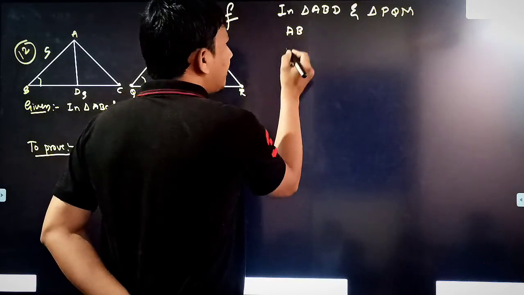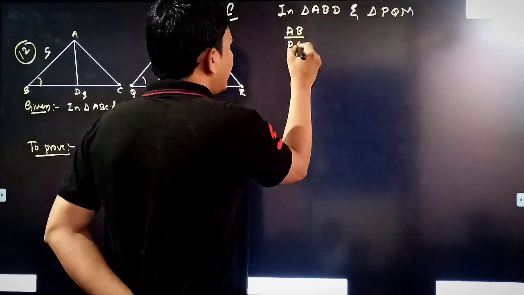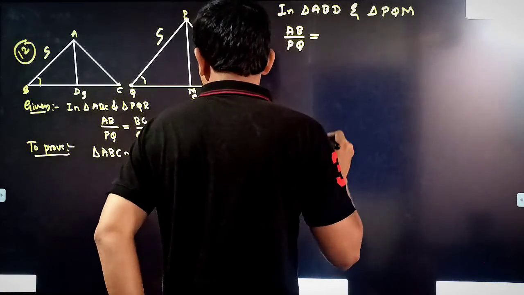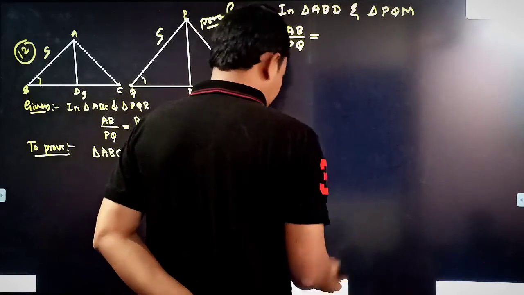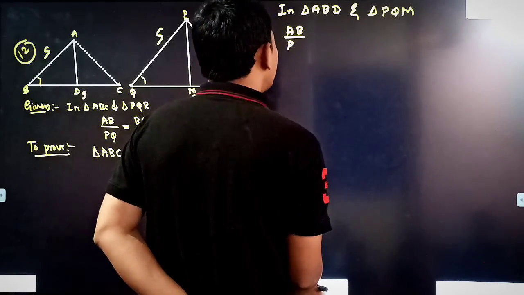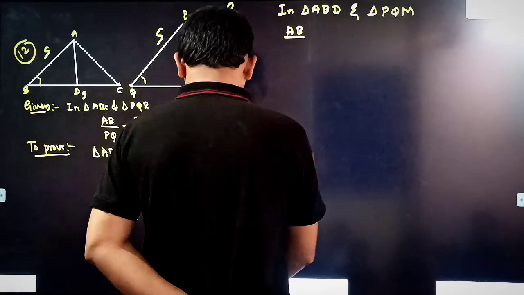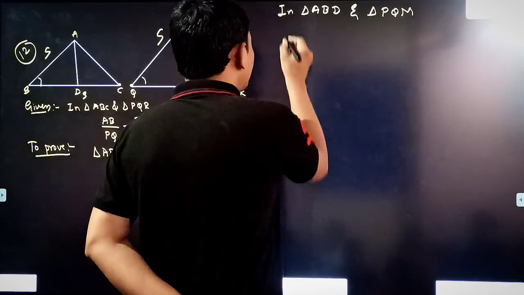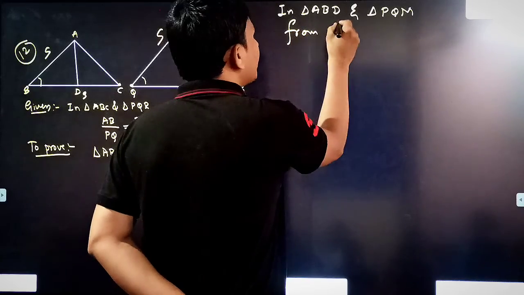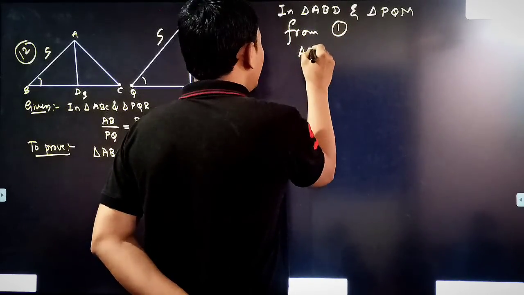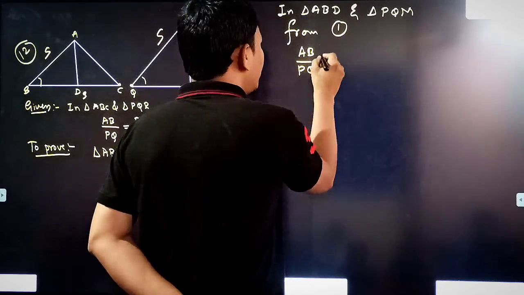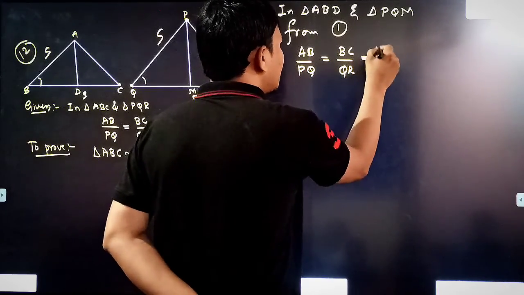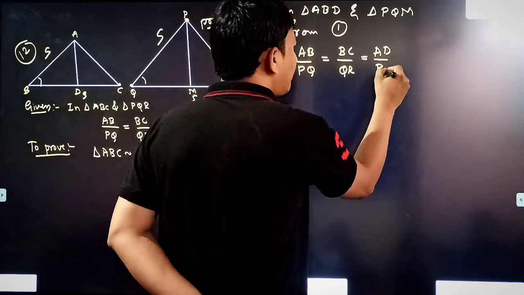In triangle ABD and triangle PQM, AB divided by PQ is equal to what? From equation number 1, AB divided by PQ is equal to BC divided by QR is equal to AD divided by PM.